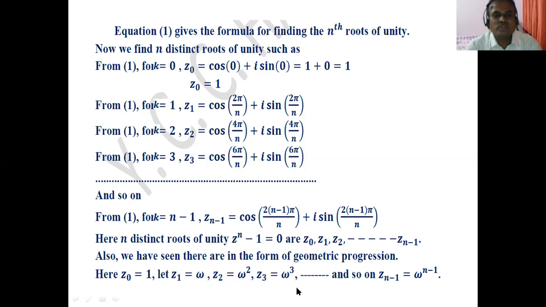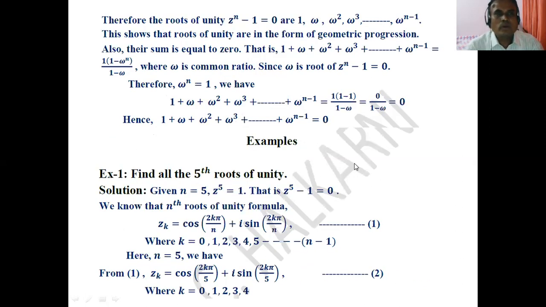So these are the roots of z^n minus 1 equal to 0. Therefore, the roots of unity are 1, omega, omega square, omega cube, up to omega raised to n minus 1.